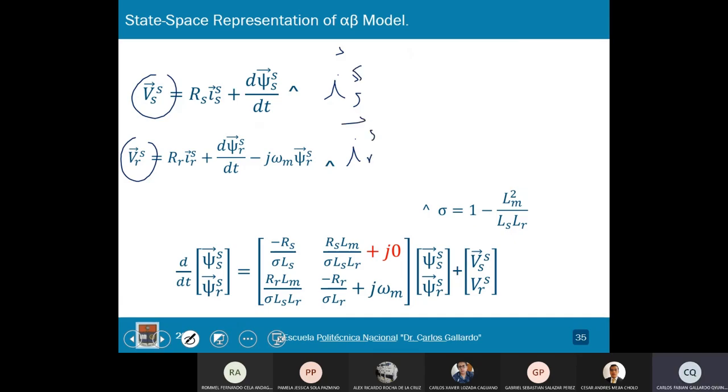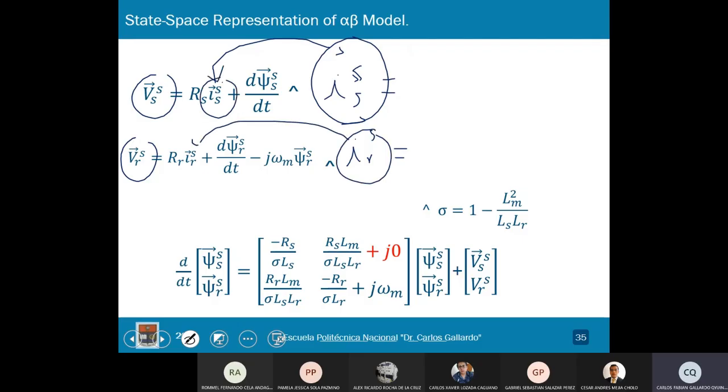This equation substituting into this equation, and this equation substituting into this equation, isolating the flux, taking into account that this is equal to 1 minus the magnetizing inductance square over the stator inductance times the rotor inductance.